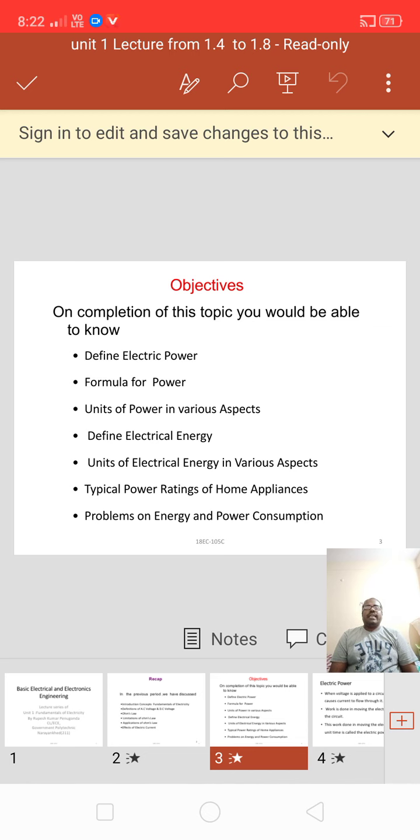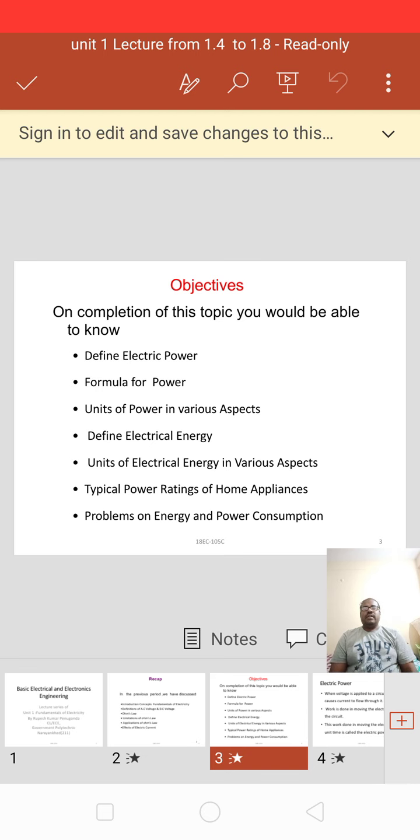Next, what is meant by electrical energy, units of electrical energy in various aspects, and typical power ratings of home appliances which we use in our day-to-day life, and problems on energy and power consumption of household appliances in our day-to-day life. These are the objectives of this session.